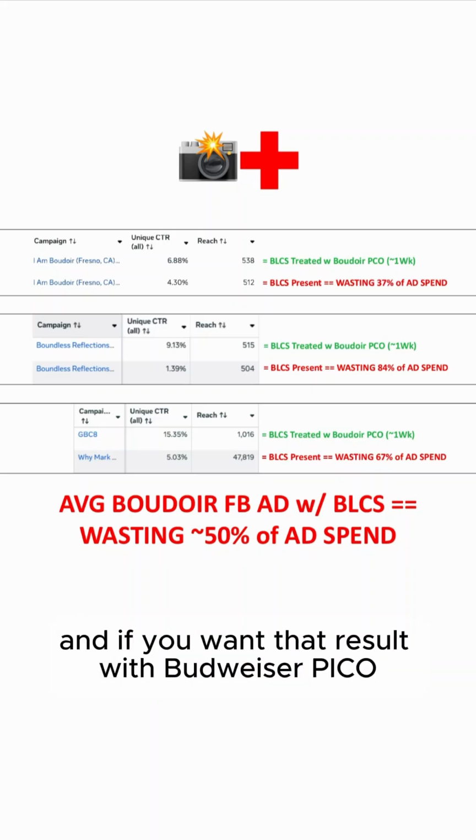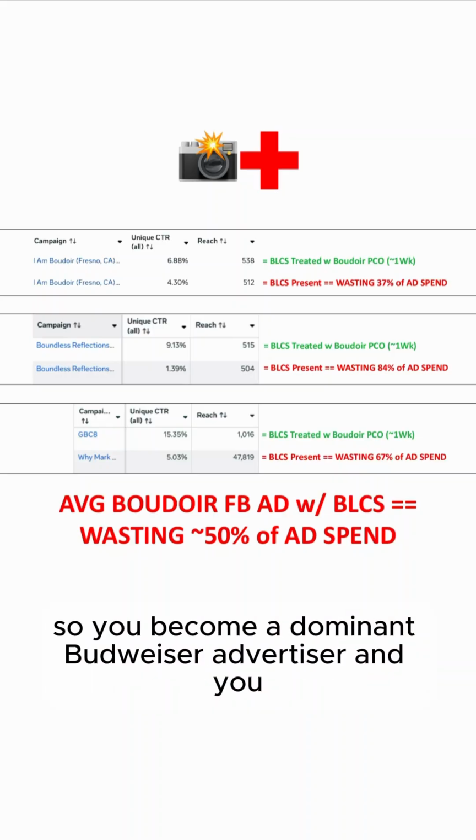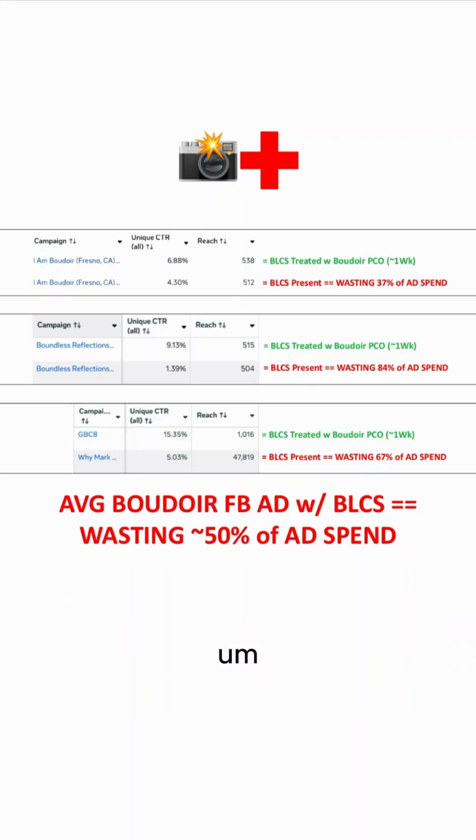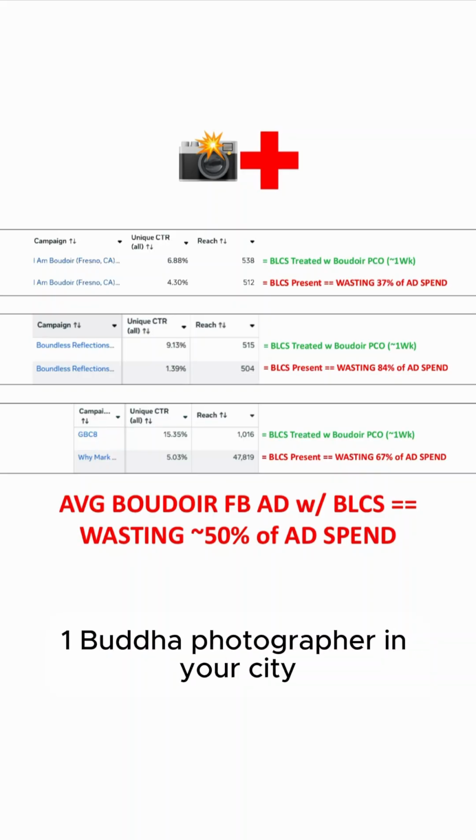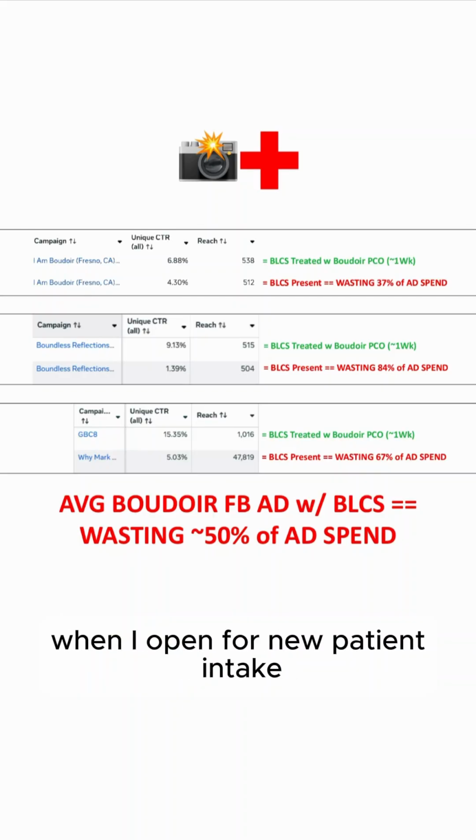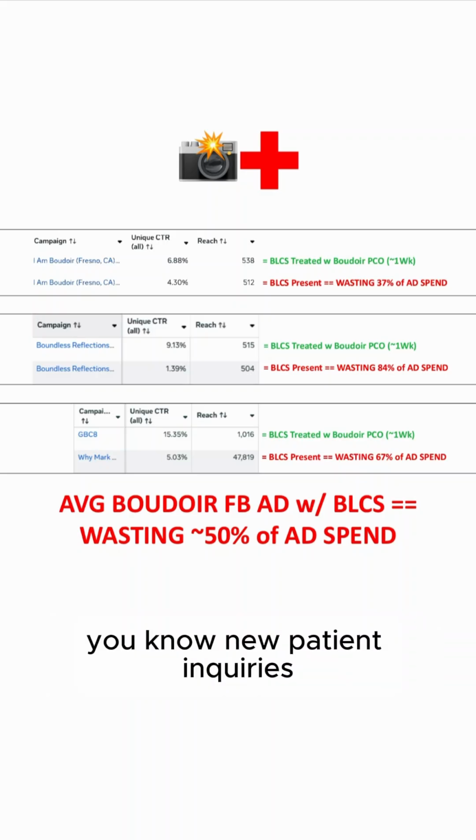And if you want that result with Boudoir Pico, because you want to achieve pre-click alignment, so you become a dominant Boudoir advertiser, and you achieve Boudoir brain entry boost with your Boudoir Facebook ads, because you need that on your path to becoming the #1 boudoir photographer in your city, then shoot me a DM when I open for new patient intake.